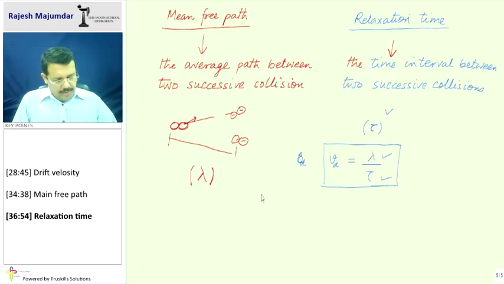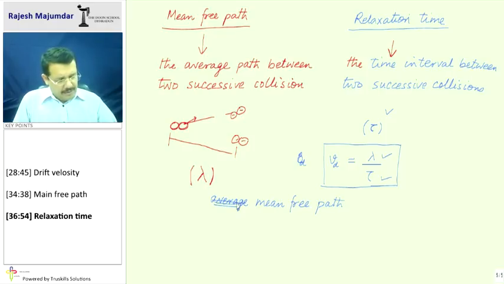So mean free path, or rather the average, I will write it here as the average mean free path. Mean and average more or less are the same thing, so let us not get confused with this. We'll strike it out.